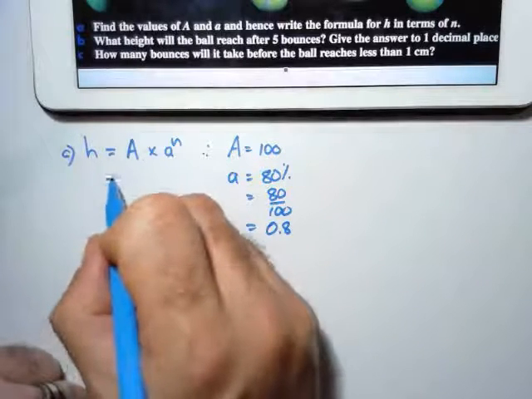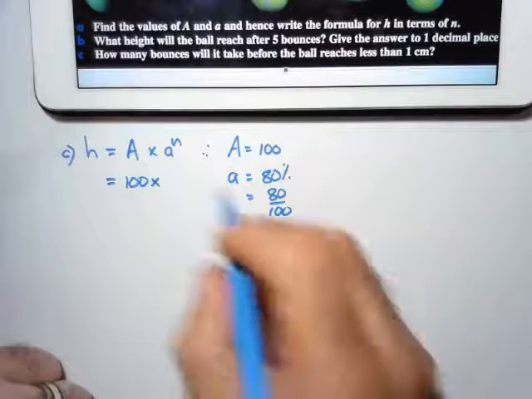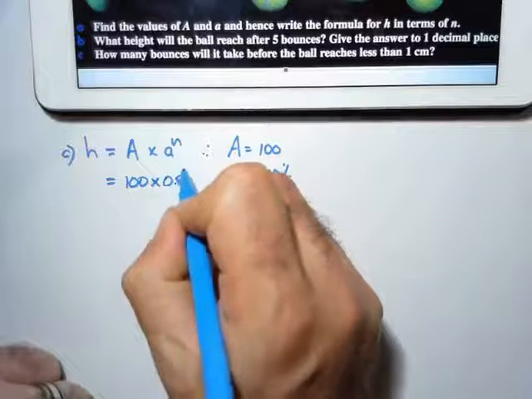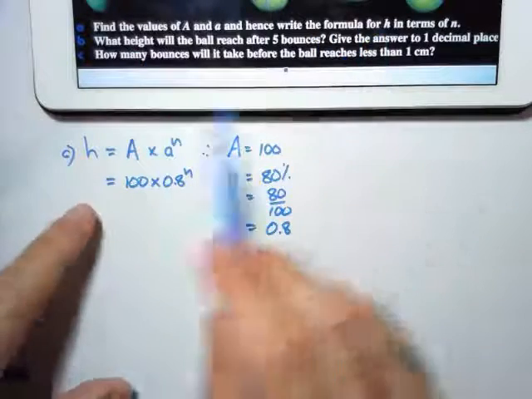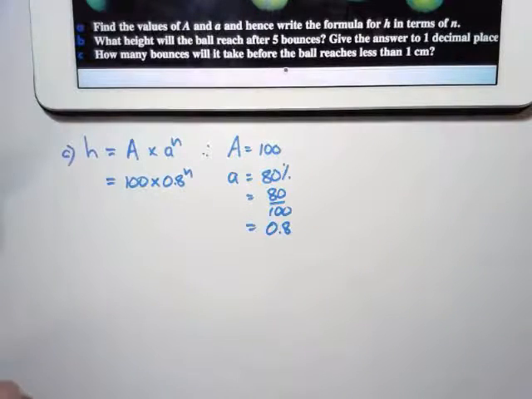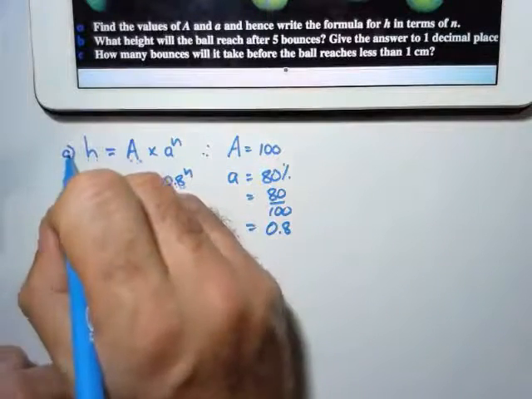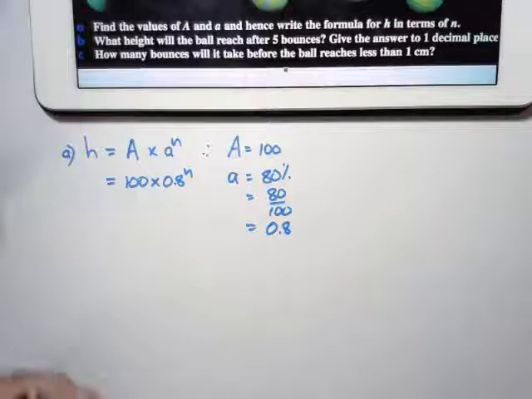Therefore, H equals 100 times 0.8 to the power n. Is this what they ask? Write the formula for H in terms of n, which means n is the only thing that changes. Okay, so that's 1A.